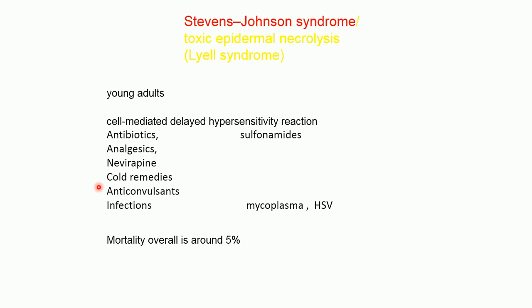Symptoms often take weeks to develop, so in many cases the precipitant cannot be identified. Mortality is 5% in Stevens-Johnson. Death is due to infection. This is considerably higher in TEN, toxic epidermal necrolysis.